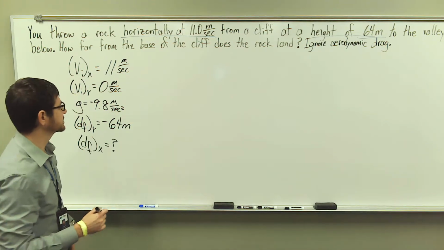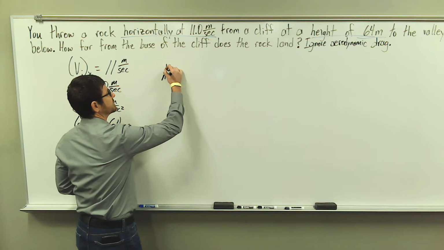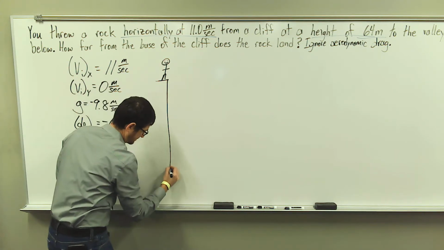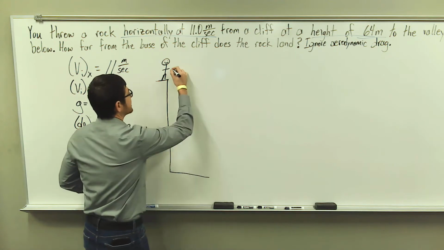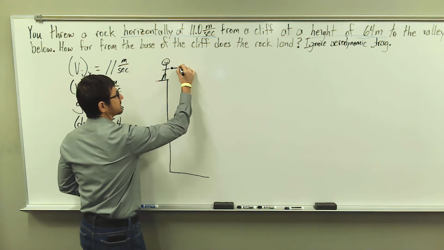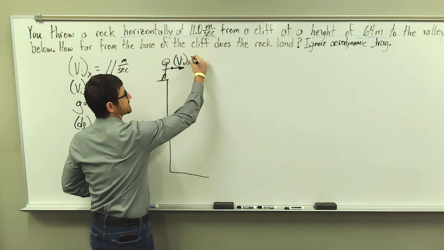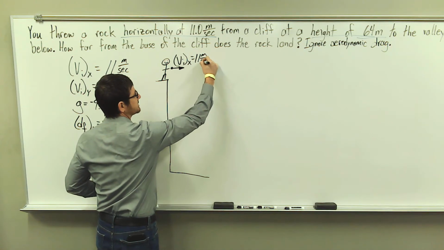Let's go ahead and draw a picture here. So let's say you are on top of this cliff here, and you throw a rock with an initial velocity in the x direction of 11 meters per second.